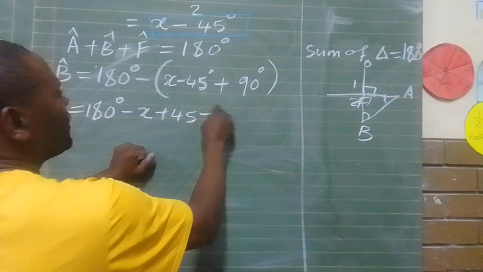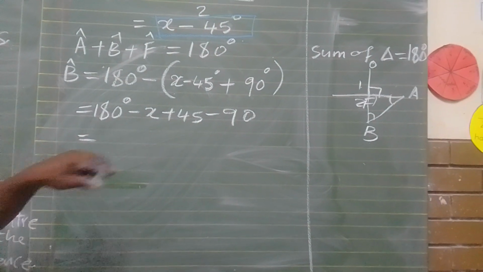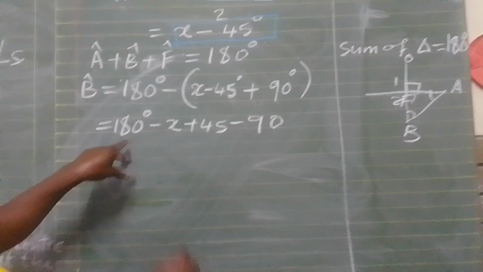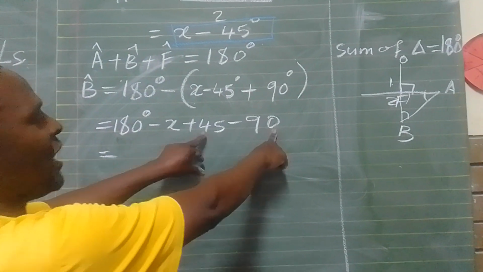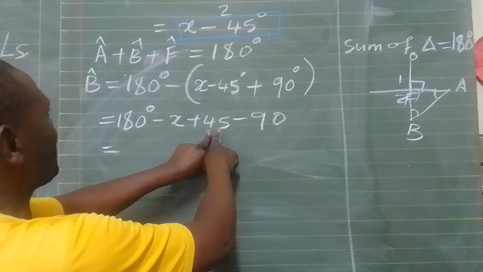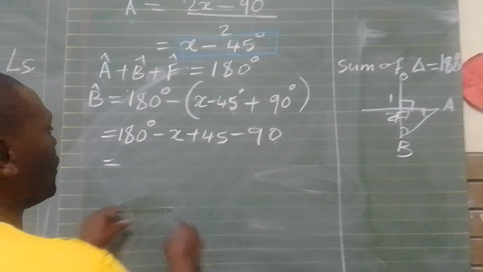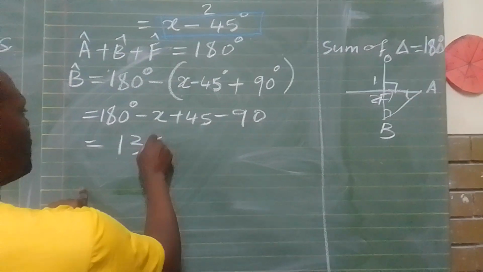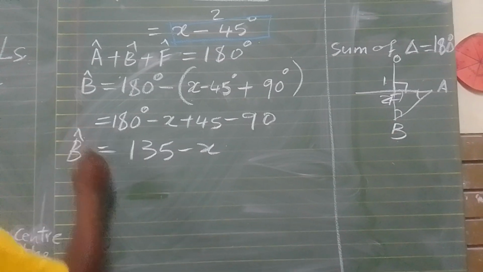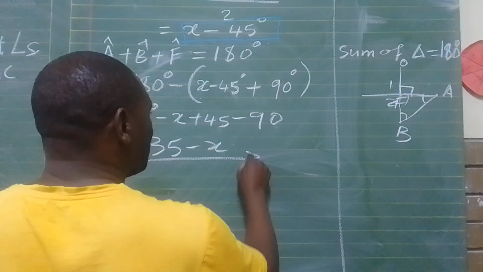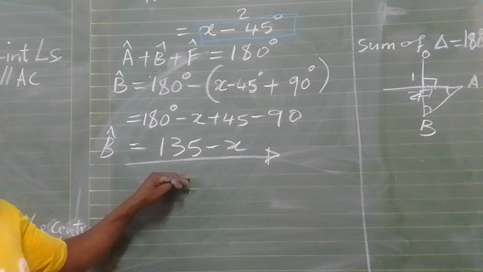Negative times positive is negative 90. 180 minus 90 is 90. 90 plus 45 is what? 135. It's 135 minus x. So B is 135 minus x. We have represented B in terms of x.